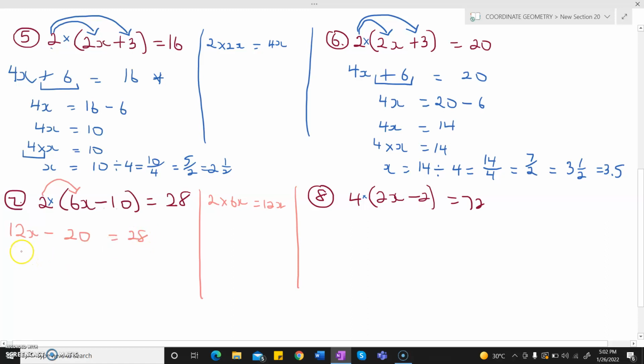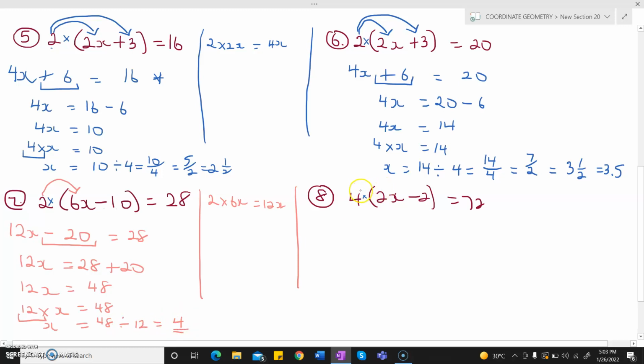So now, just like before, 12x is equal to 28, and you carry across this take away 20. When you carry it across to the other side, it'll be adding 20. So 12x is 48. This is 12 times x equals 48. So x is equal to 48 divided by 12, because the opposite of multiplying by 12 is division by 12, and that is 4.